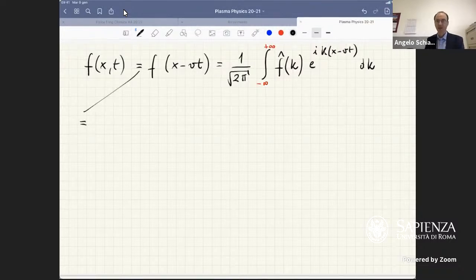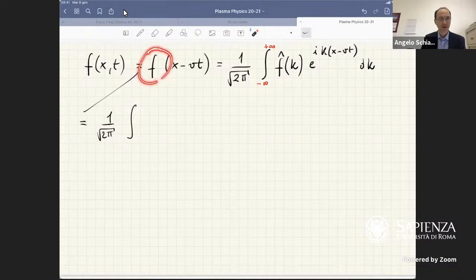Let's arrange the notation a bit. We have the normalization factor, 1 over square root of 2 pi, in front. Pay attention to distinguish between f, the function in the configuration space of x and t, and that one in the Fourier transform space. We are going to use a hat to indicate that this is the Fourier transform function in k space.